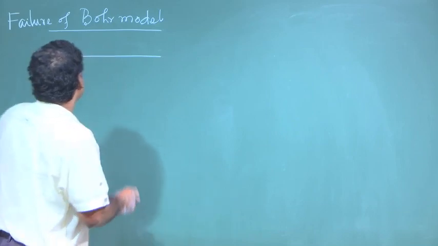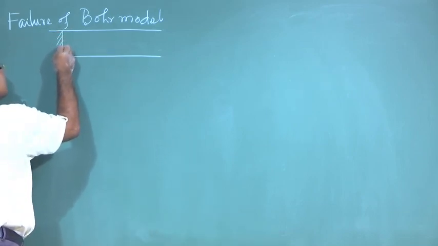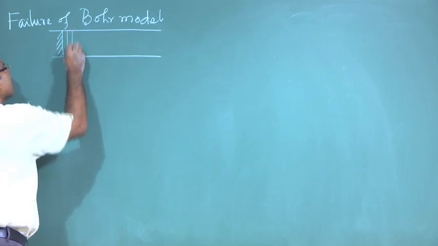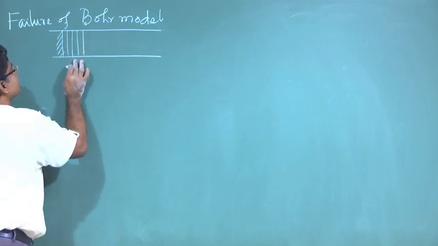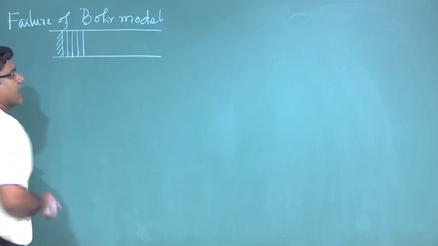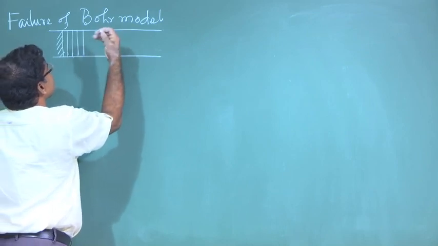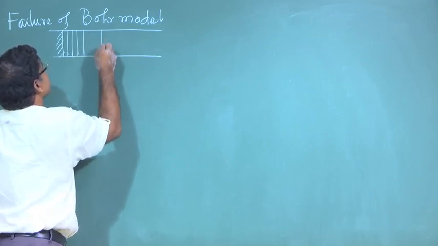So, according to the Bohr model, what we have seen in hydrogen spectra, simple spectra, there are series like Lyman series, Balmer series, and many others, right.